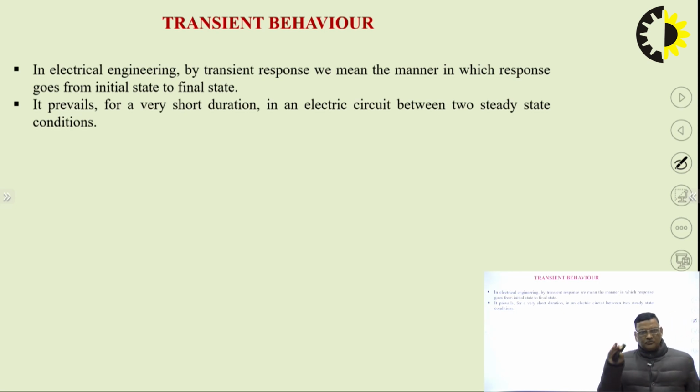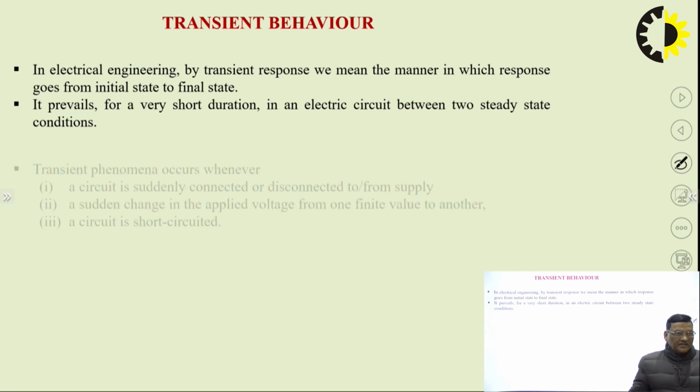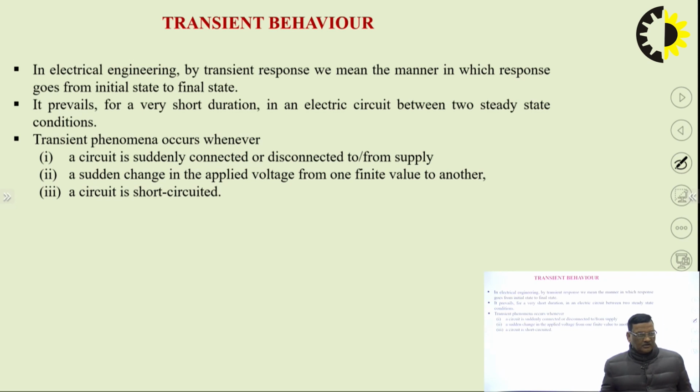When the circuit is open for a very long time, that is one steady state, and the other is when the circuit is closed for a very long time. In between these two steady states, the transient state prevails.